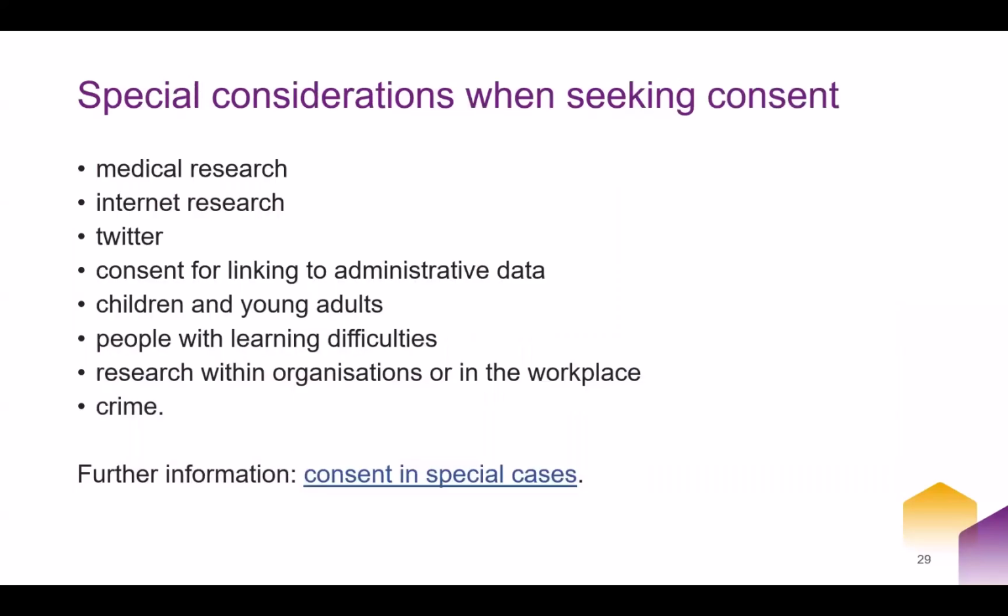So there are situations where special considerations are needed when seeking consent, but it is not possible to go through these in this workshop. I have added a link at the bottom of the slide for you to have a look later on our website about these contexts when you need to pay special attention when seeking consent.